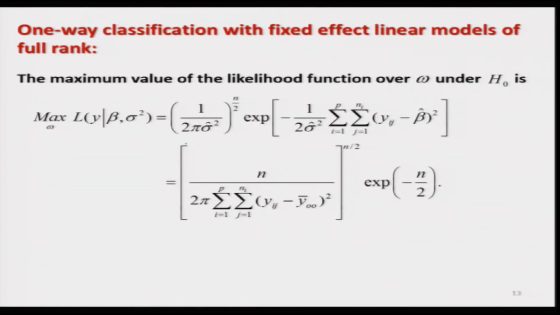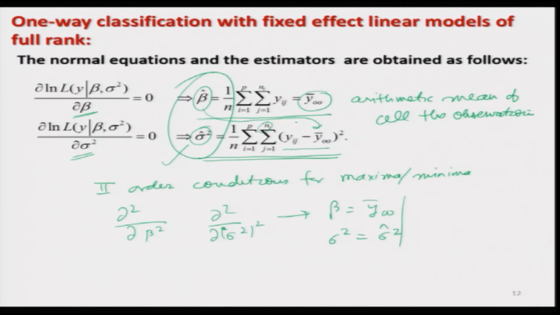Right. So now we have to find the maximum value of the likelihood function under small omega, or under H naught. What I simply have to do is write down the likelihood function and replace the value of beta by beta hat and the value of sigma square by sigma square hat, which we have obtained here.